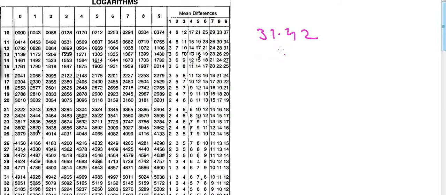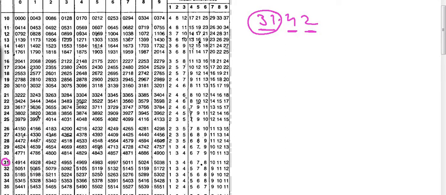Now to find the log of 31.42, we will group the digits as the first two, the third, and the fourth. 31 is to be located in the first column, so this is 31 in the first column. Now locate 4 in the first row, so here it is 4. Now take their intersection. Their intersection is 4969.